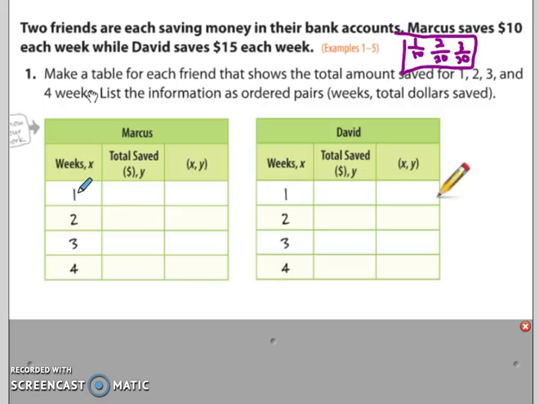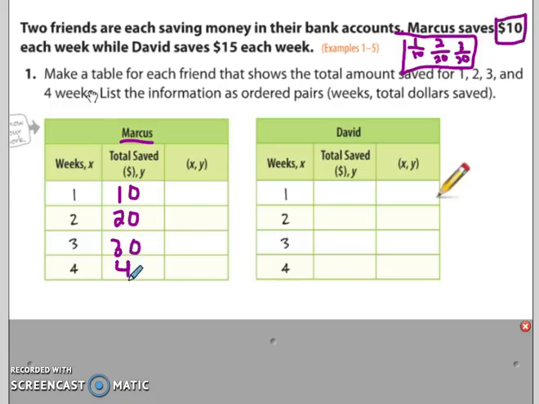Now we're looking at Marcus first. So we have Marcus's table. For 1 week, we already decided he's saving $10 total. For 2 weeks, he's going to be saving $20 total. 3 weeks, he's going to be saving $30 total. Do you see each time I'm just adding $10 more because he saves $10 each week?